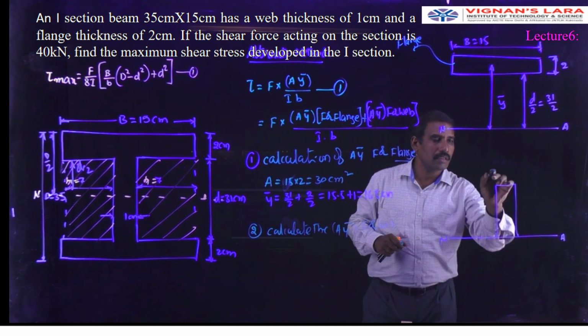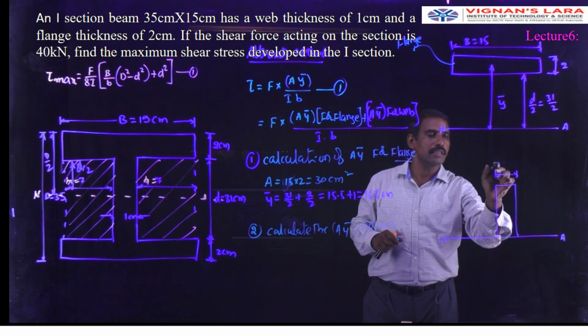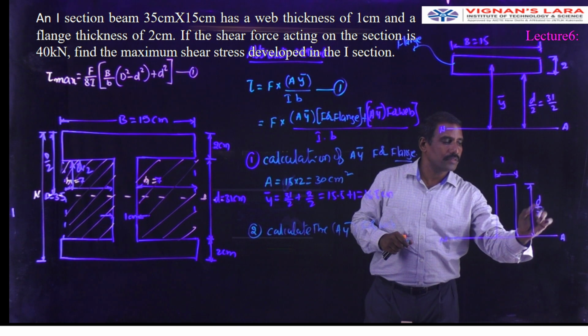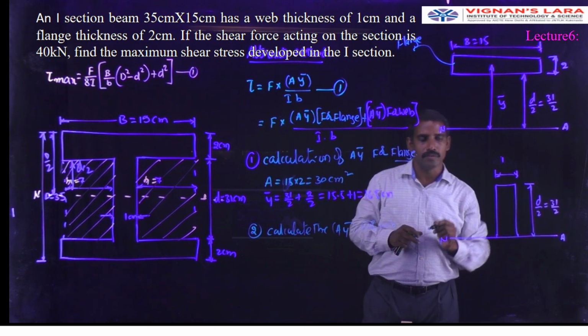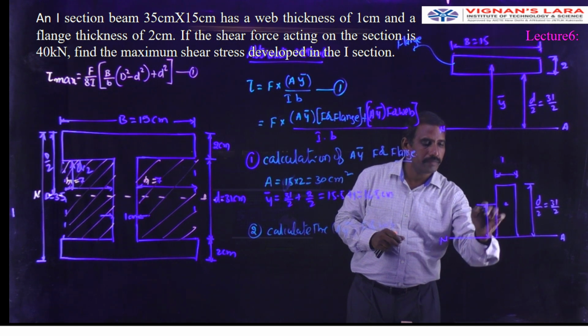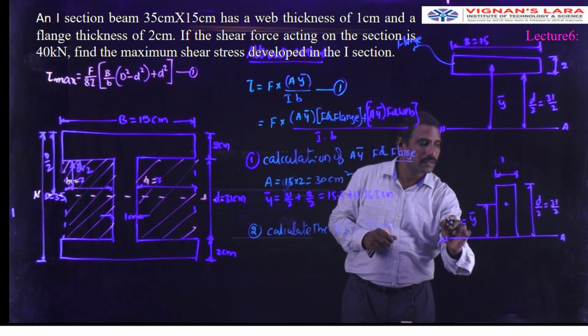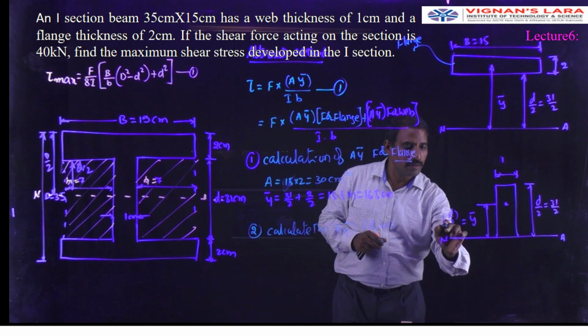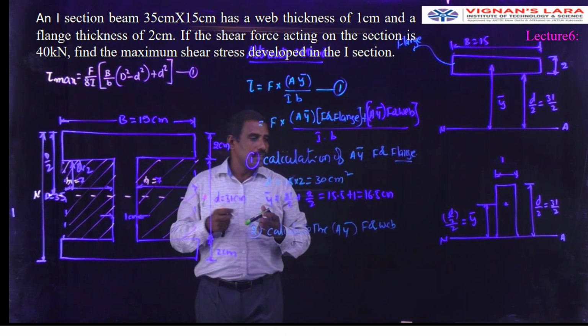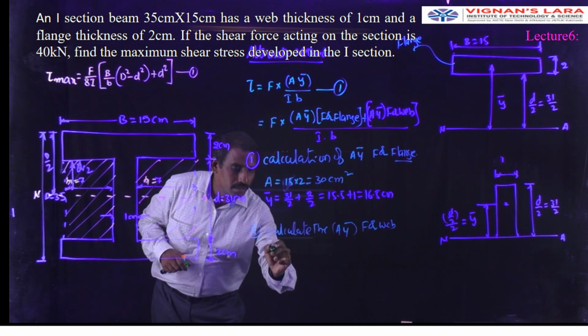The dimension of the web: this is 1. We know that this is d by 2, which is equal to 31 by 2. Here this is the y bar. Y bar is equal to d by 2 whole divided by 2.